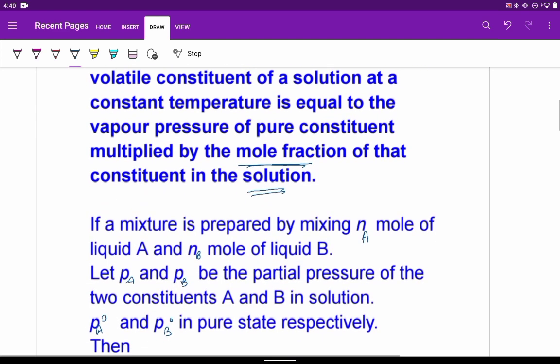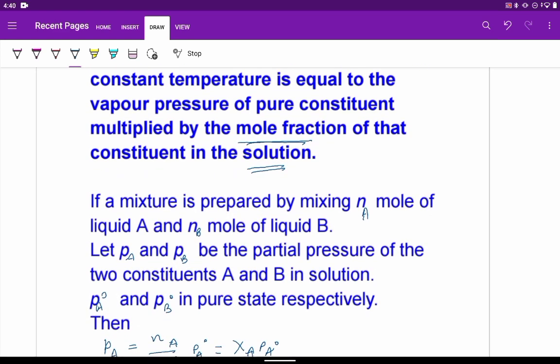Now let us consider there are two liquids A and B and we just mix them and get a mixture. So if we mix Na moles of liquid A and Nb moles of liquid B, we get a mixture. Now there are two components here, A and B. So both will be having their respective partial pressures.